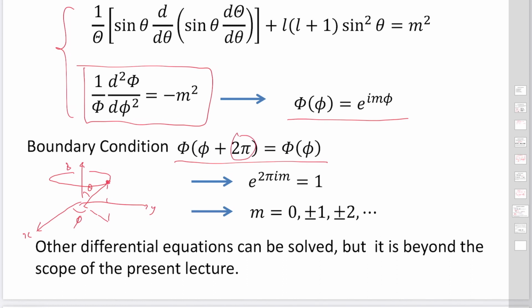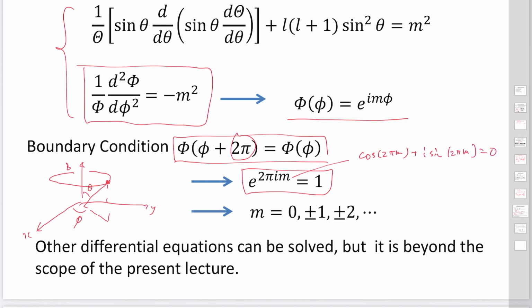So phi plus 2 pi should be equal to phi. By considering these boundary conditions, we have this relation. If you use Euler's relation, this becomes cosine 2 pi m plus i sine 2 pi m equals 0.